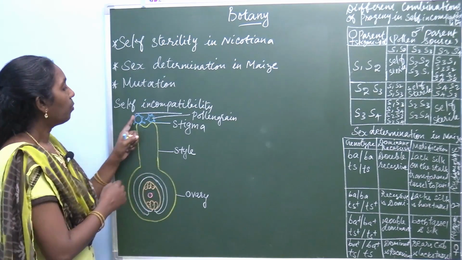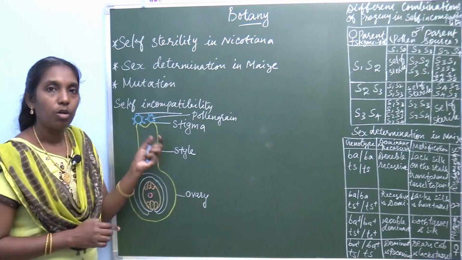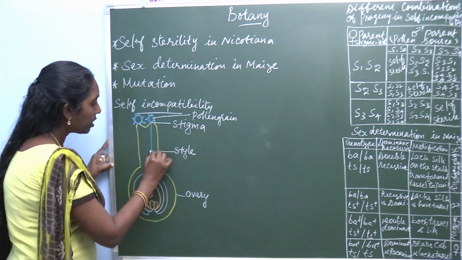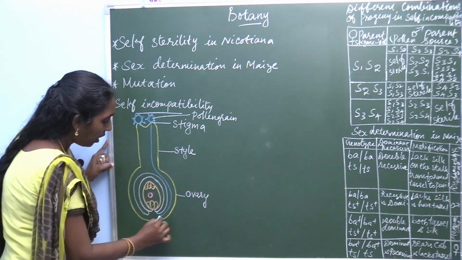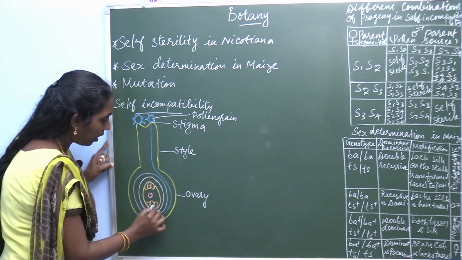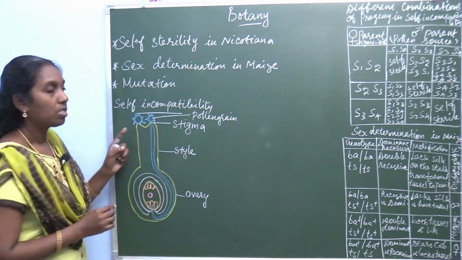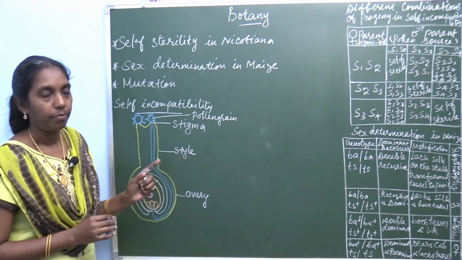What happens when the pollen grains are dusted on the stigmatic surface? The pollen tube starts to germinate and it fuses with the egg. This is the normal fertilization process.